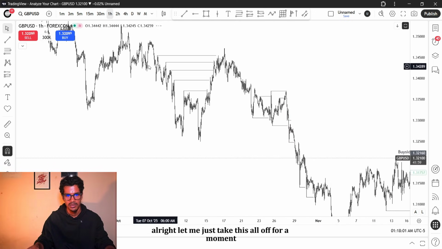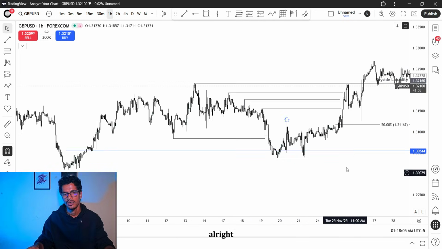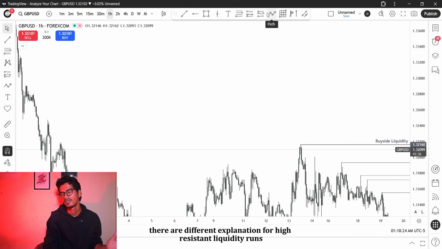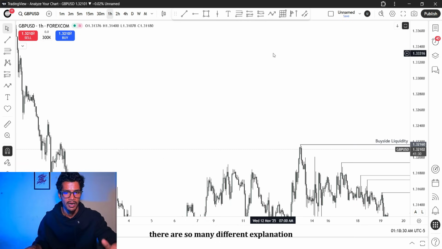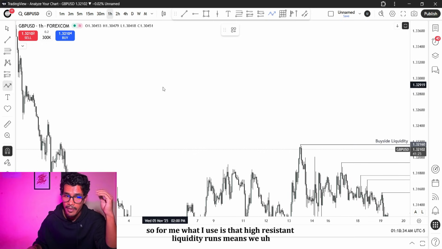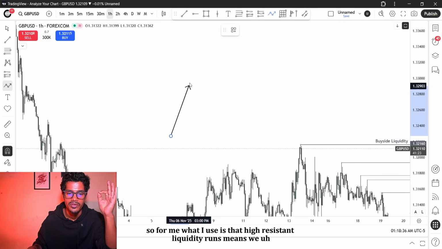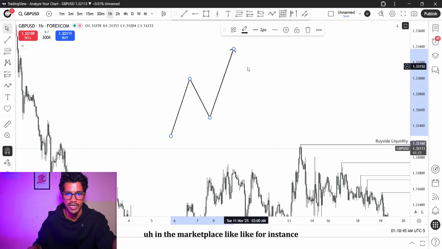All right. Let me just take this all off for a moment. There are different explanations for high risk liquidity runs and low risk liquidity runs. There are so many different explanations. So for me, what I use is that high risk liquidity runs mean we're going to take some pullbacks to the opposing bias in the marketplace.